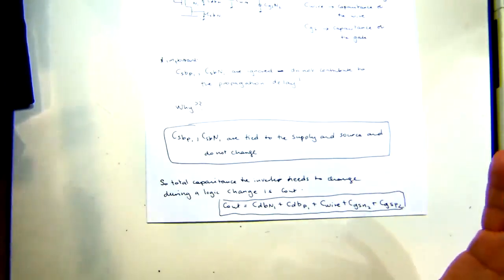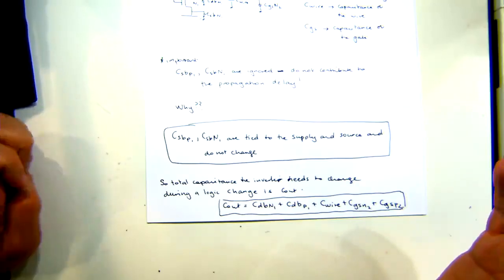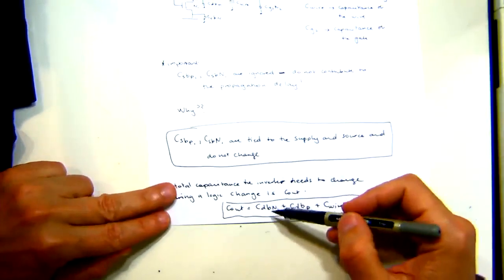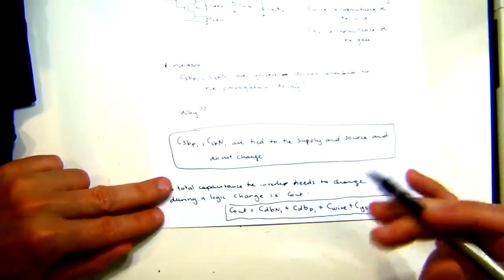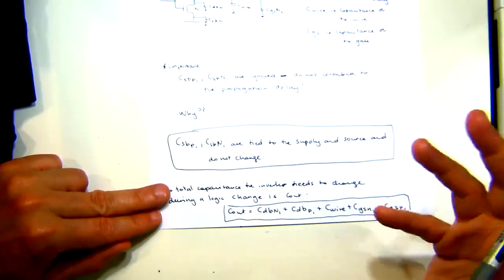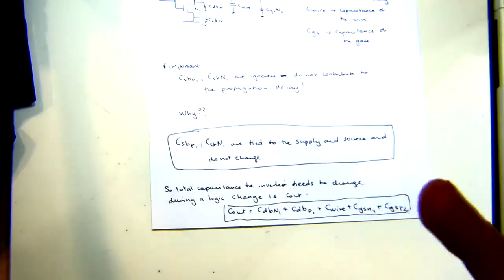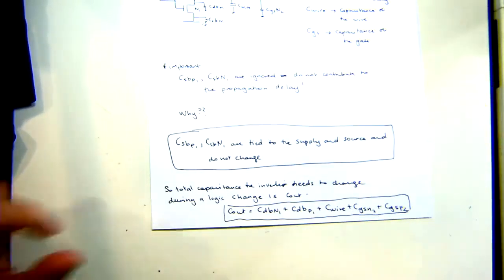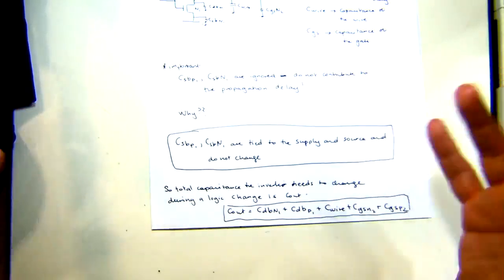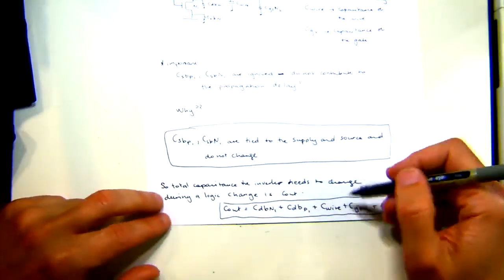Suppose I didn't have much choice in the substrate or the diffusion capacitance, right? Because the diffusion capacitance, in many cases, is hard to change because you're looking at the size of the N tub in the P well, right? So that's a little bit hard to modify, especially if you've got a particular process.